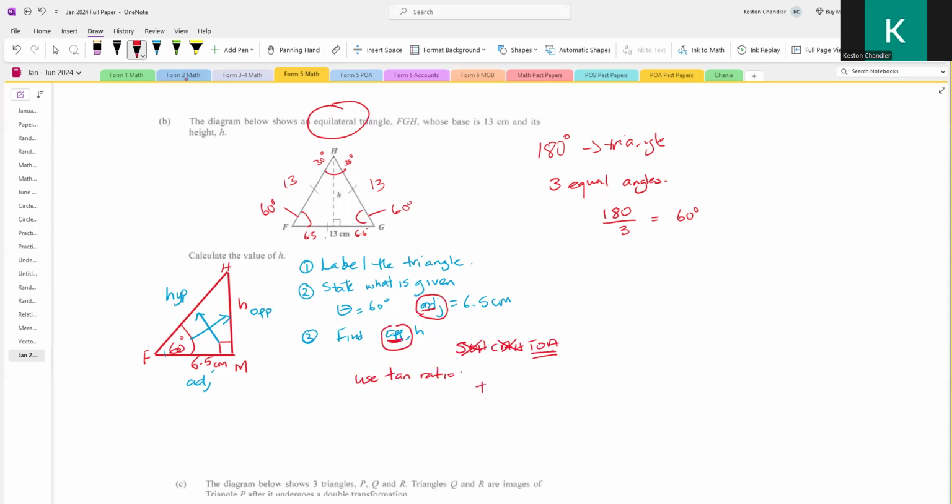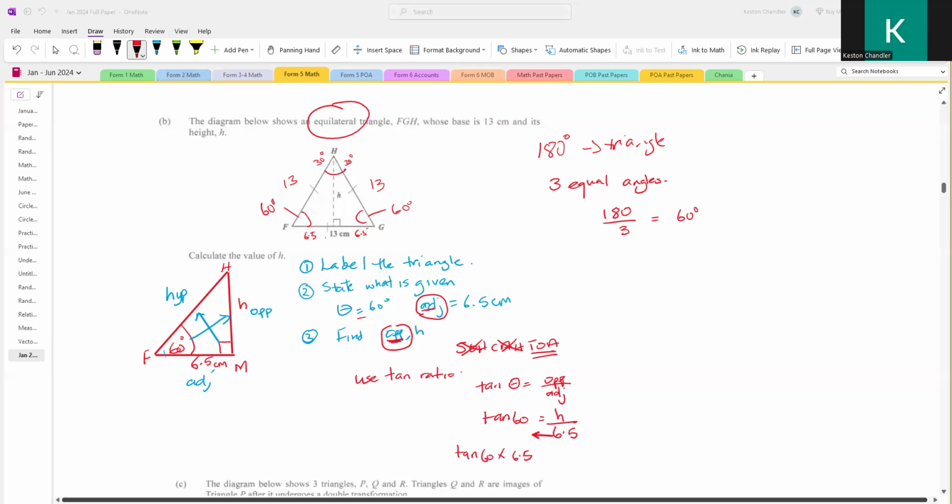Write my formula. Tan theta is opposite over adjacent. I'm going to substitute my values now. The theta we said was 60. The opposite is the H that we're trying to find, and the adjacent is 6.5 centimeters. So if I want to find H, I need to move this 6.5 across here, right? So I'll get tan 60 multiplied by 6.5.